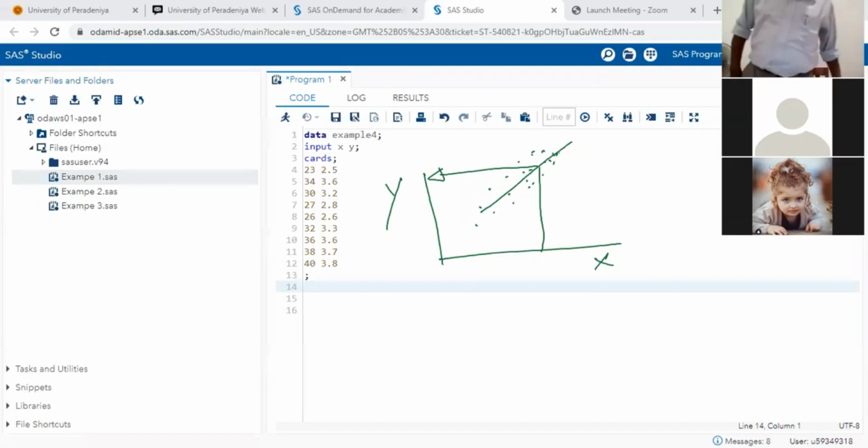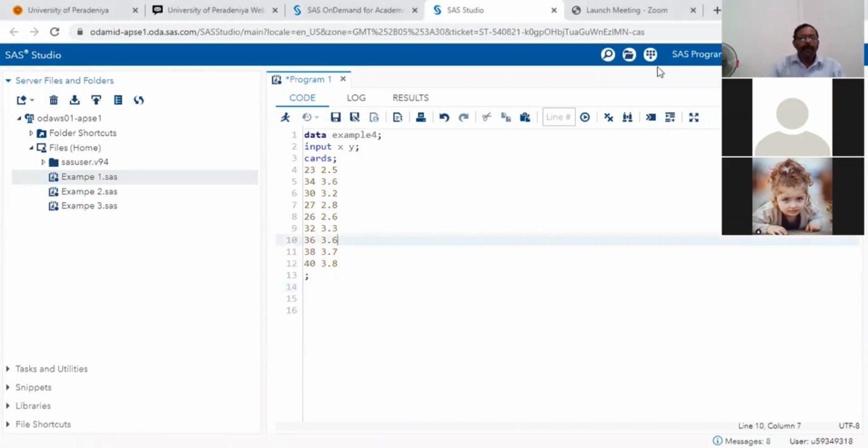Right. So now we want to perform the regression. Could you remember we talked about regression and correlation, then R square, coefficient of determination. We can try using this. Now this is my data.